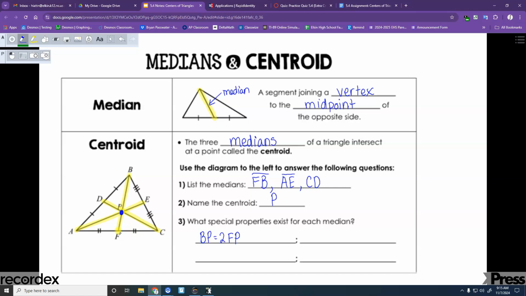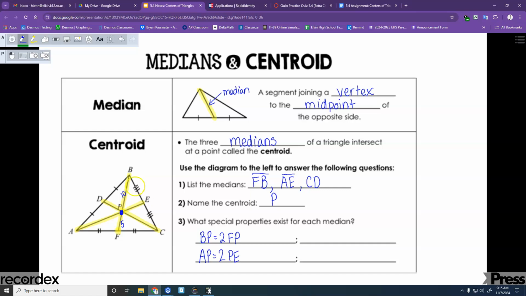If BP was 10, then PF would have to be 5. Right? So BP is twice as long as FP. That is also true for your other medians. If we're looking at AE right here, the long part, AP, has to be twice as long as PE.